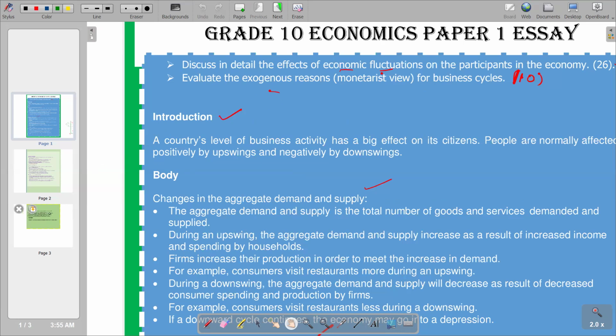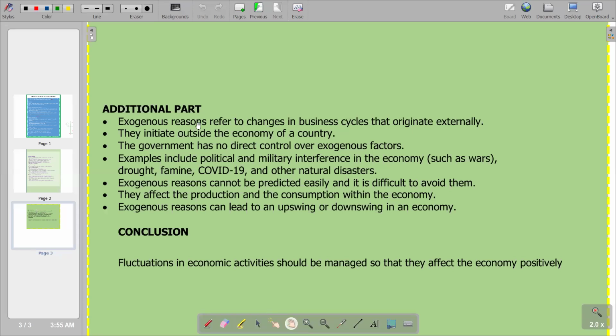So this is what the last part of the question is saying. The first point is that exogenous reasons refer to changes in business cycles that originate externally. They come from outside the system, which is our economy. Second point, they initiate outside the economy of a country. Third point, the government has no direct control over exogenous factors, which is very correct.